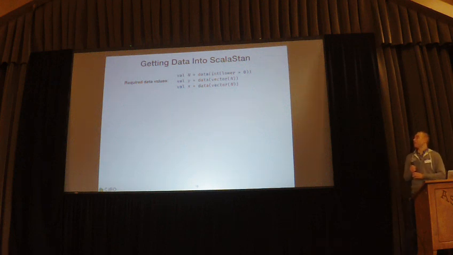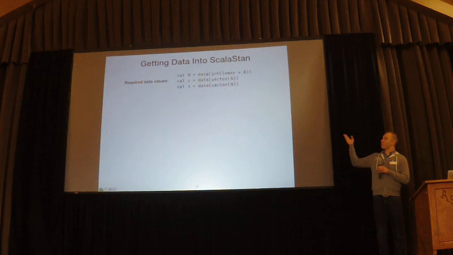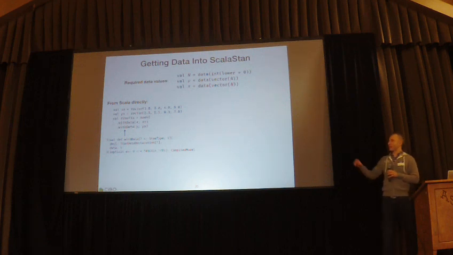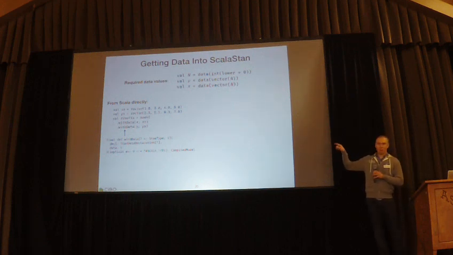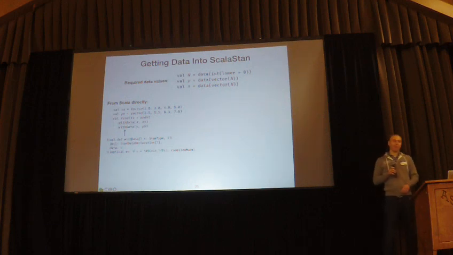So, how do you get data into ScalaStan? You specify the data parameters as we did before, just like you would in your Stan model. And then from Scala directly, you can just say your model dot with data, and that translates the data that you have in Scala land into Stan land in a type-safe way, so it'll complain if it's not the right type.